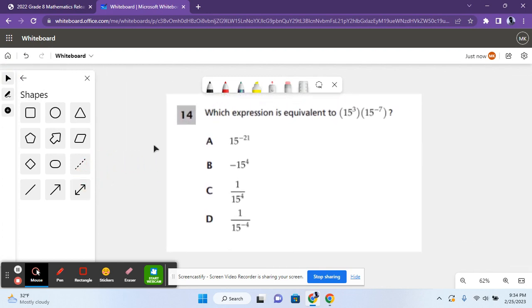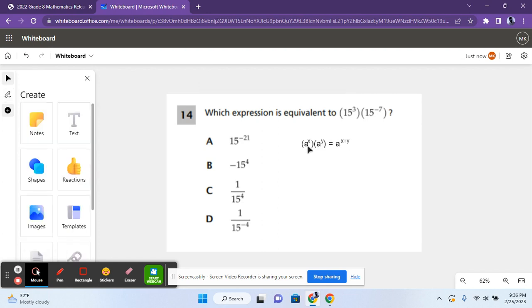For question 14, it says, which expression is equivalent to (15^3) times (15^-7)? So one of the rules of exponents is that a^x times a^y equals a^(x+y).